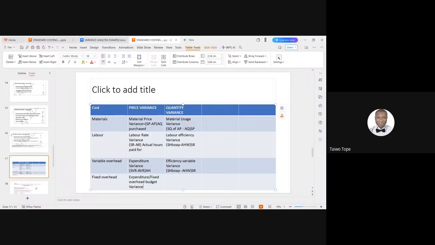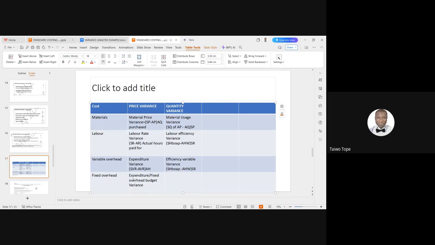This is very straight and direct. The formula will be, in terms of fixed overhead expenditure, your budgeted fixed overhead less your actual fixed overhead. But in some questions, there might be some workings to determine this.